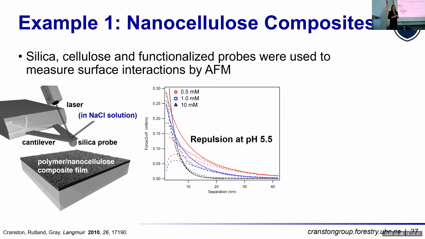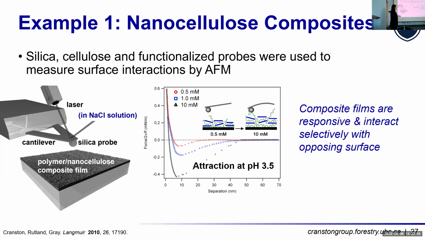But that's the case at pH 5.5, where all the surfaces are charged. If I drop the pH to 3.5, my anionic surfaces start to lose their charge, and my cationic surface, or polymer in this case, is much more charged, and I see a completely different force profile. So now, as I come together, I'm actually seeing an attraction, and it's an attraction that's salt dependent, which is attributed to polymer bridging.